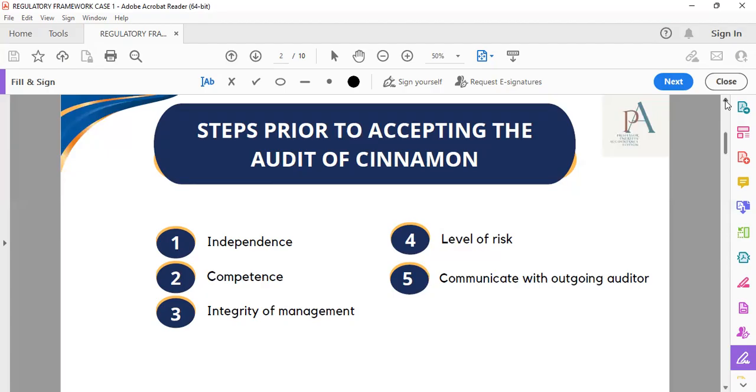If they feel that the risk exposure compromises their independence, then they should decline the audit assignment. And then the next thing to do is to communicate with the outgoing auditor. It is very important. It is required, or is in the code of ethics for professional accountants by ACCA.